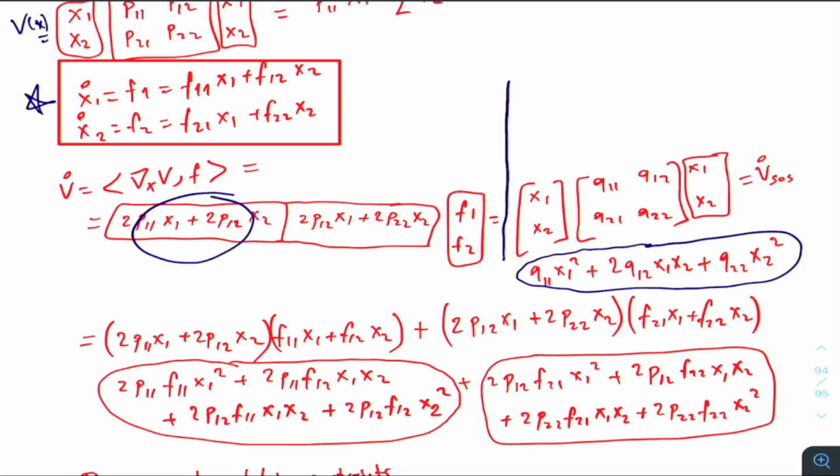This will be term 1, t1. This term, and this term, and this term is f1, and this is it. And you just do the FOIL, and you will get these 4 terms. You can just stop and check the calculation.